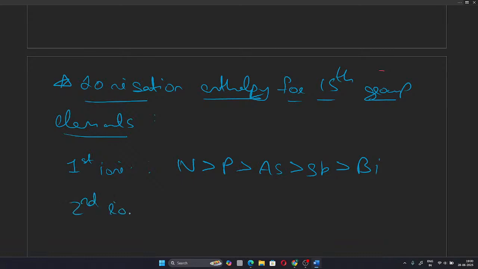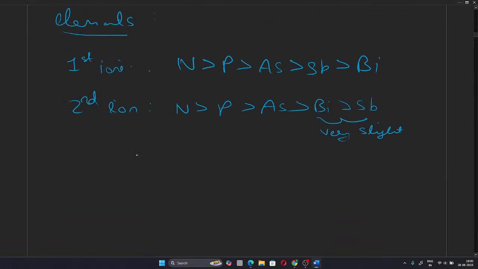Second ionization enthalpy: N greater than P greater than arsenic greater than bismuth greater than Sb. Very slight difference. Third ionization enthalpy: N, P, arsenic, and here as well antimony is the least.